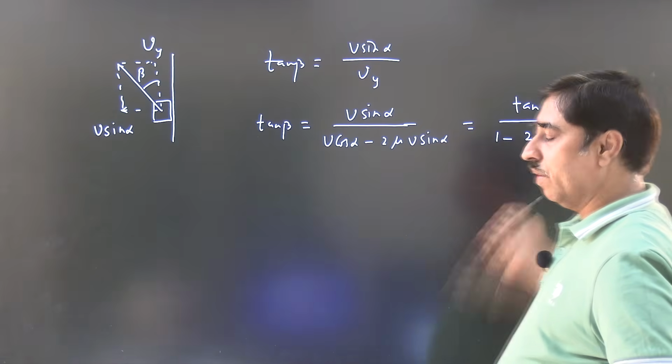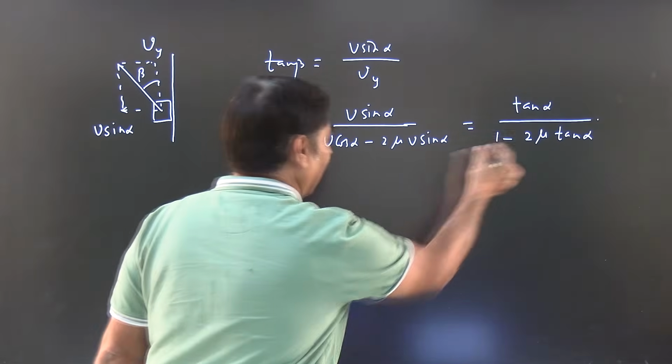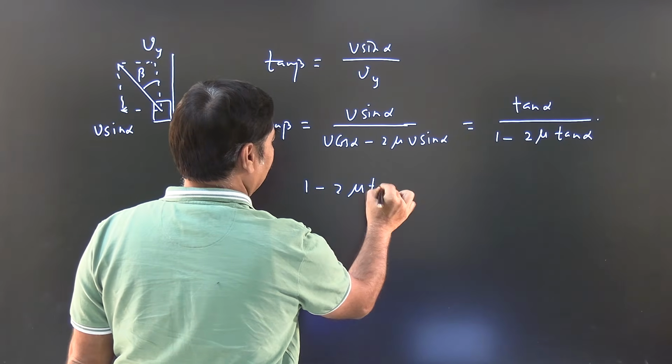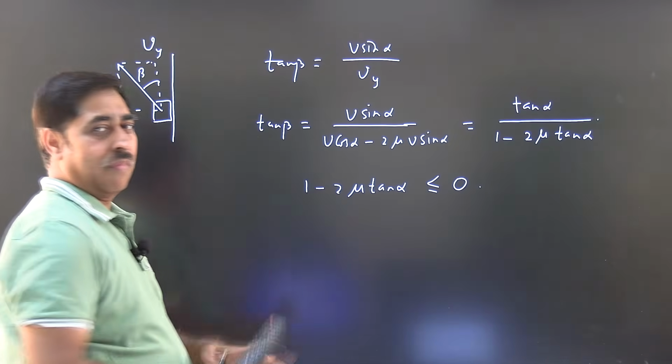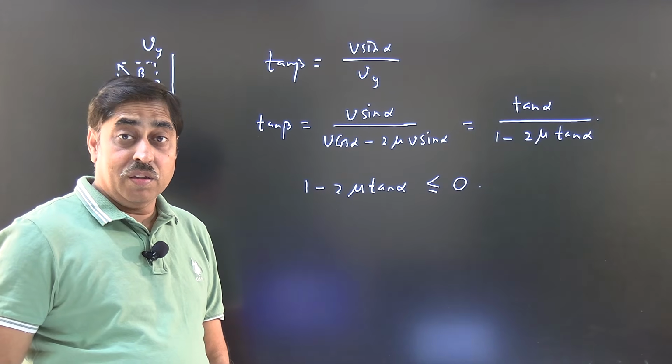This is also very obvious. Look at the denominator. If 1 minus 2 mu tan alpha is less than or equal to 0, this appears to be meaningless, isn't it?